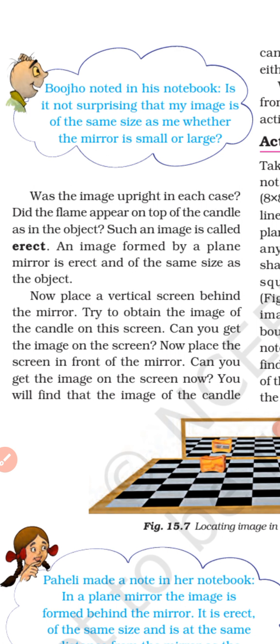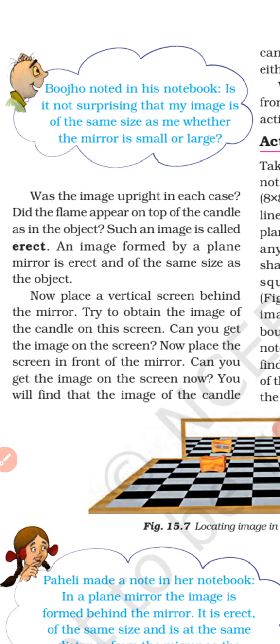It is neither smaller nor bigger than the object. If we look into a plane mirror, the image of our face is exactly the same size as our face, irrespective of whether the mirror is small or big.